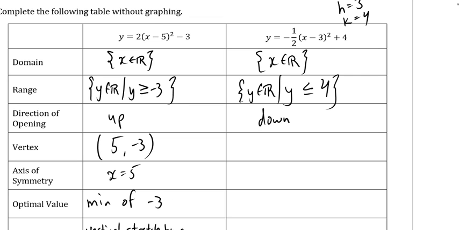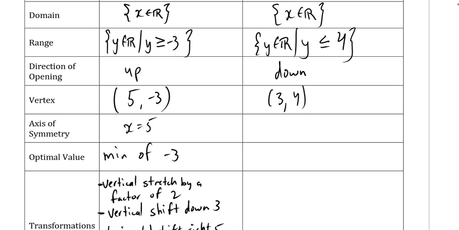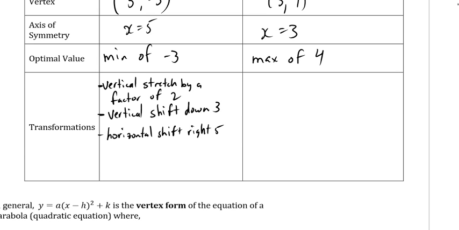Okay. The vertex is going to be positive 3, positive 4, because I went to the right 3 and up 4. Axis of symmetry is X equals 3. It has a maximum of 4. And here we go. This one, I have to write 4 things here. So this is how you write it.